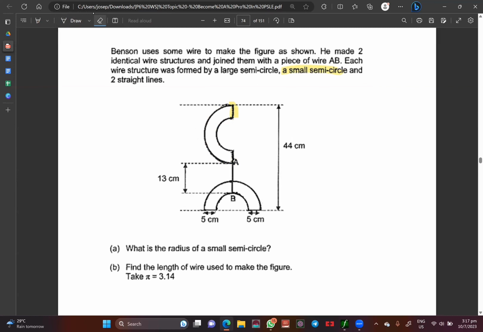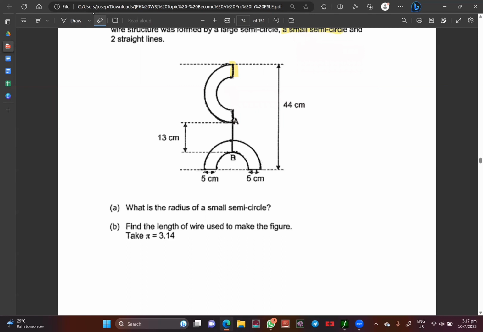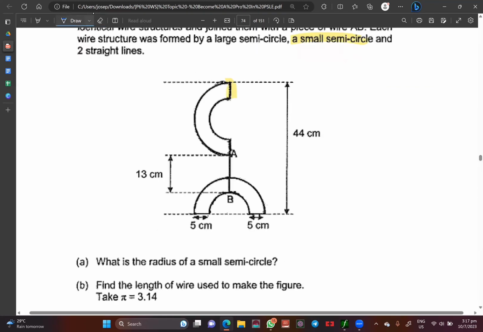Now the first thing I want to do is this. Whenever it is a measurement question, I need to make sure all of my measurements are written down. When I look at this, I know exactly what the measurements are. Why? Because this is 44. This is something that even P5s, even though they have not learned circles, can know.